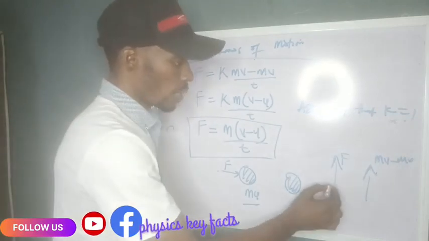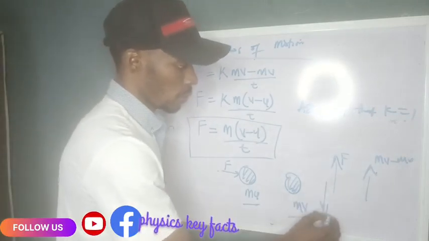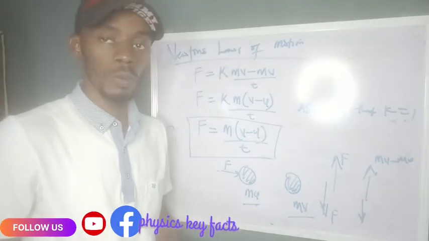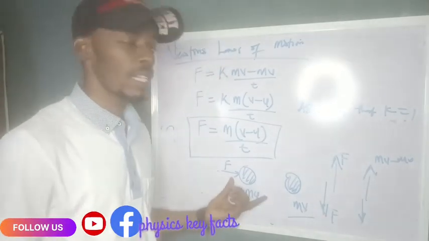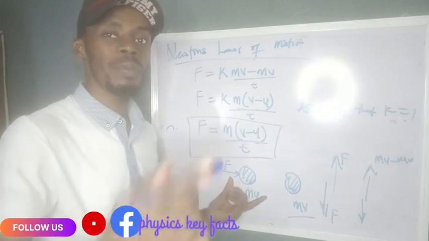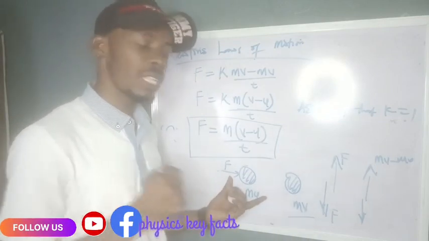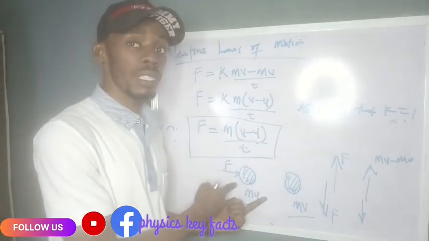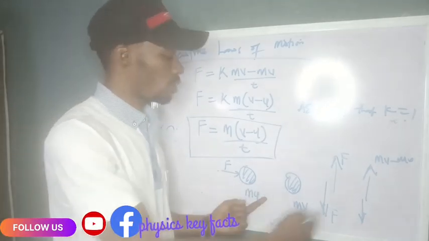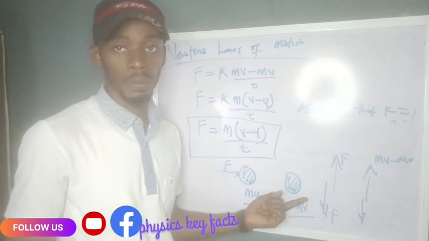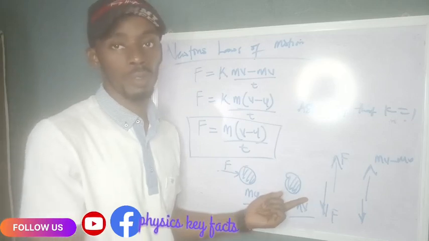The lower the force, the lower the change in momentum. So the rate at which this mass changes momentum is directly proportional to the applied force. The degree of force that I apply on this body is the degree at which this body will change momentum.